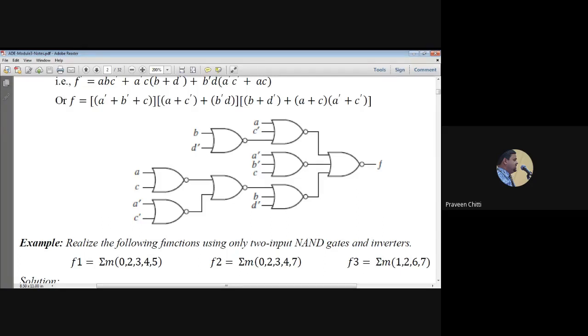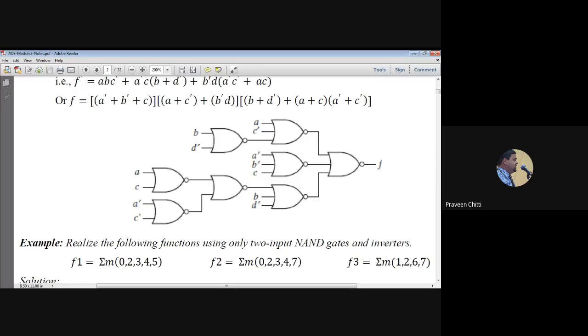Because here, without using any shortcut method, we have implemented the given Boolean equation with 3-input NOR gates only, by changing the expression in such a way that every term can be implemented with only 3 inputs given to the NOR gate. Is that fine?